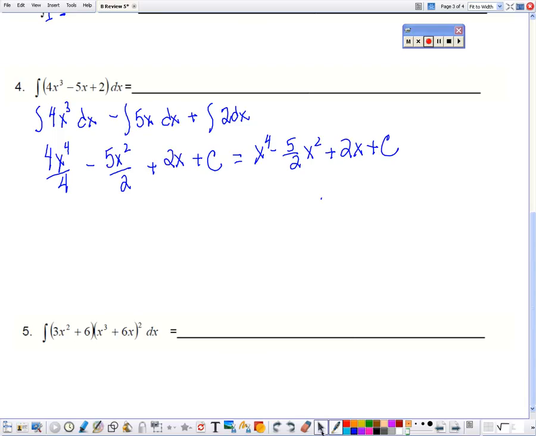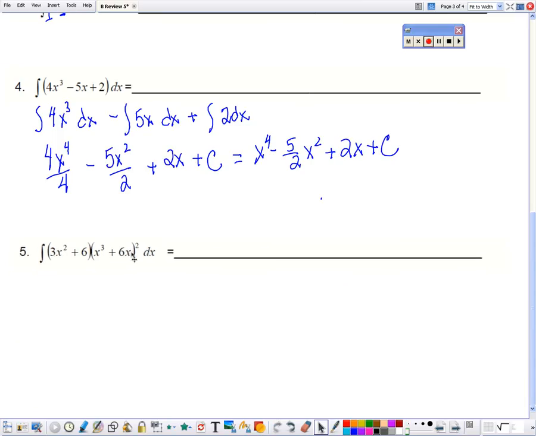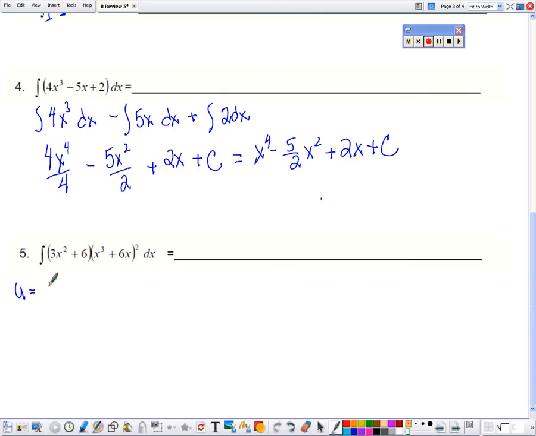Okay, because number 5 is a product of two different factors, looking at each term, I see that 3x squared is the derivative of x to the third. So I want u to be x to the third plus 6x, which means du dx is 3x squared plus 6.